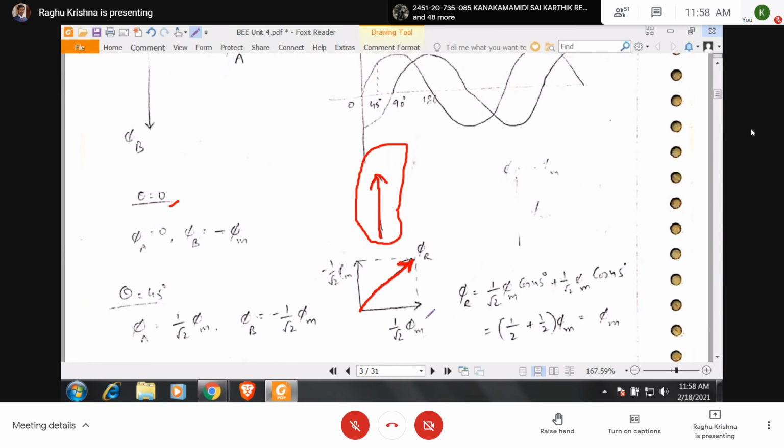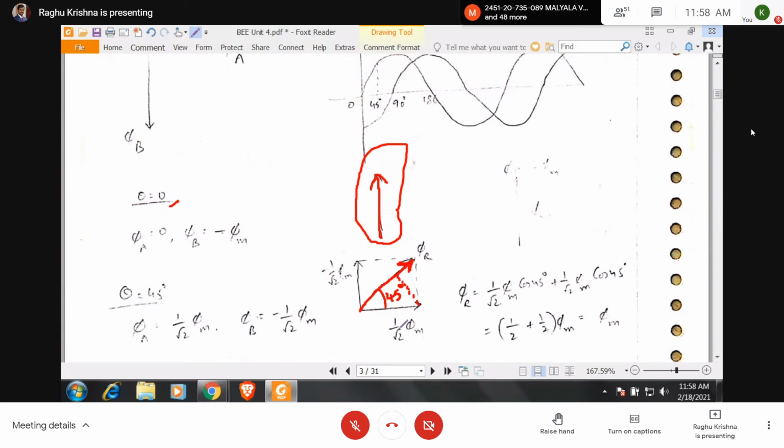And coming to the magnitude of the resultant flux, what about this? This is 45 degrees, right? So phi r equals, we have to take this projection on this.